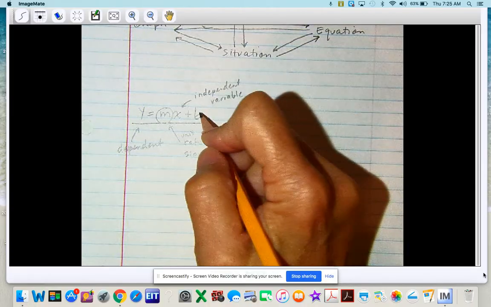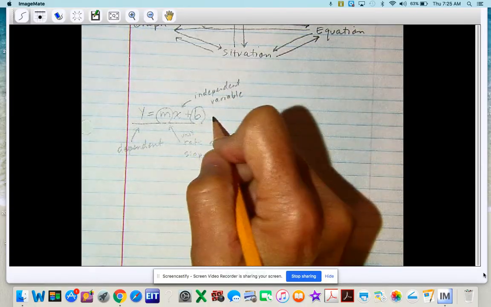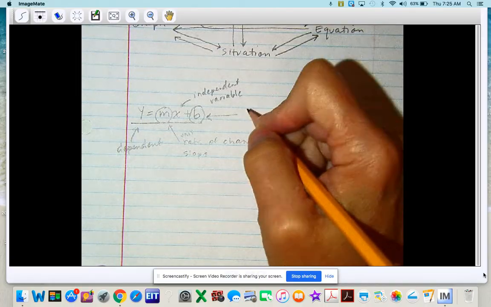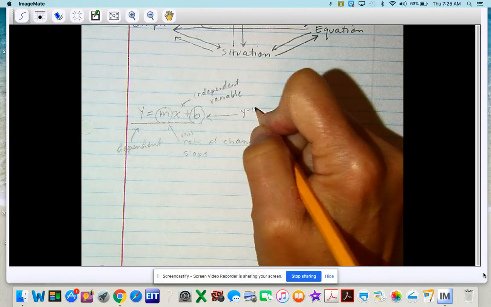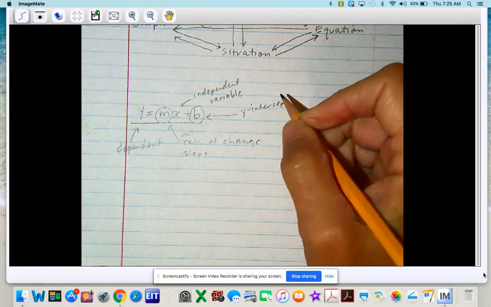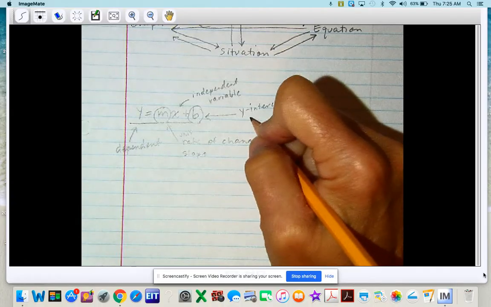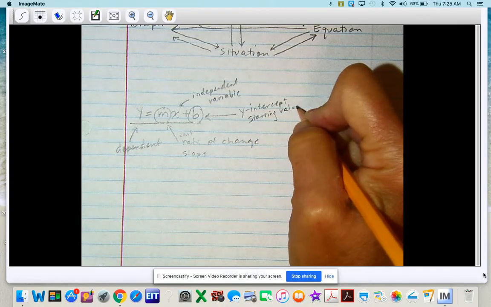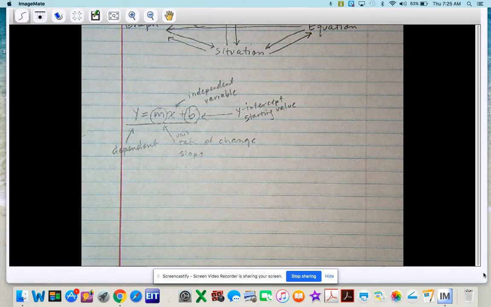Okay, what's our b value in this formula? In a linear relationship, the b is graphically a y-intercept. Okay, story-wise, it's some kind of like starting value. So it was like the amount of tiles in figure 0.